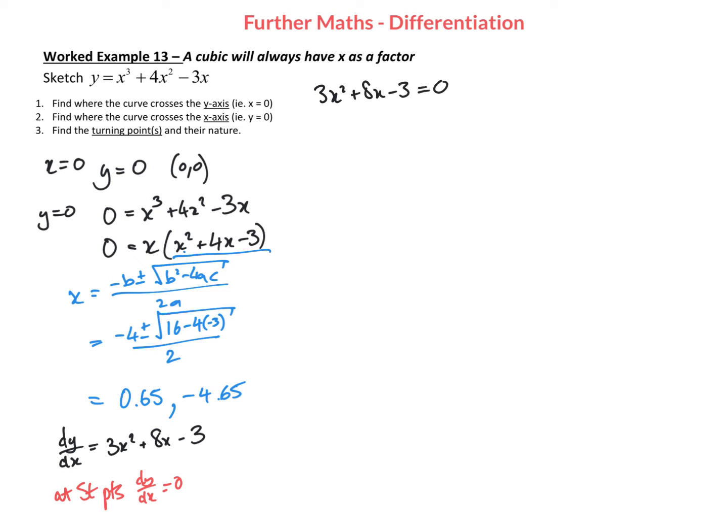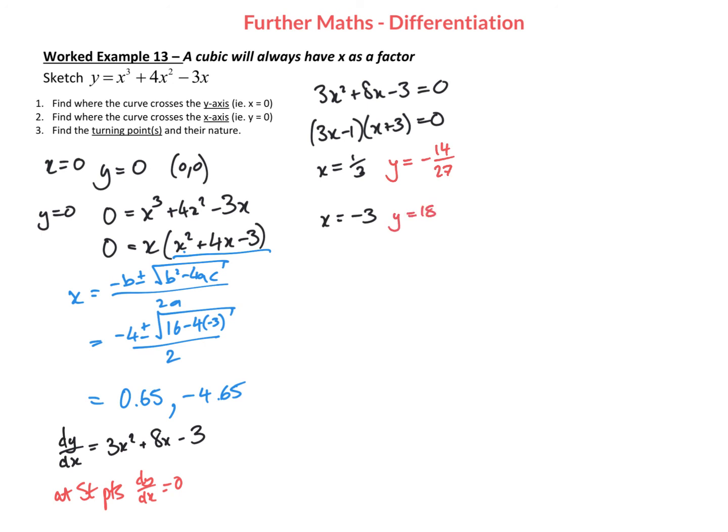We would use a split the middle term method, but very quickly I'm just going to put that as 3x minus 1 and x plus 3 equals 0. And so again we get two solutions: x is equal to 1/3 or x is equal to minus 3. And when we put x equals 1/3 into the value of y, we get that y is, I think, minus 14 over 27. And when we put in x is minus 3, we get that y equals 18.